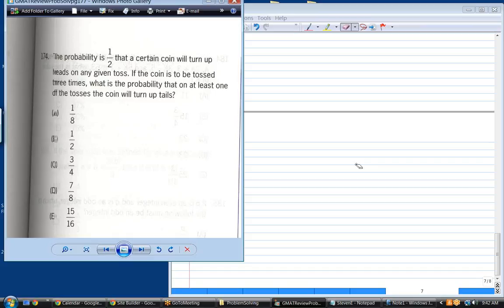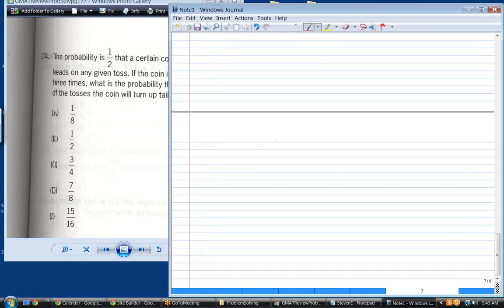You could get a tail on the first toss. I'm thinking about that. If they said it turned up exactly tails, well, that means you have to write out all the possibilities.